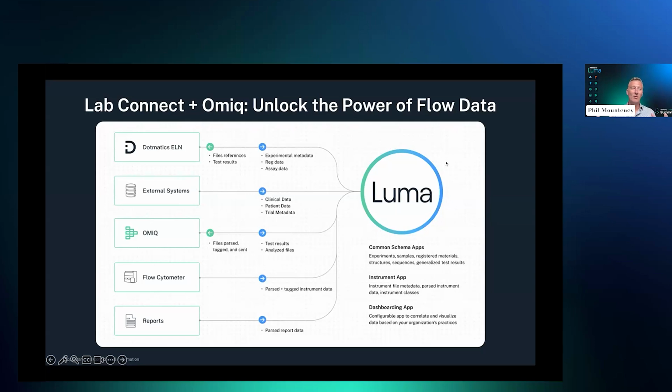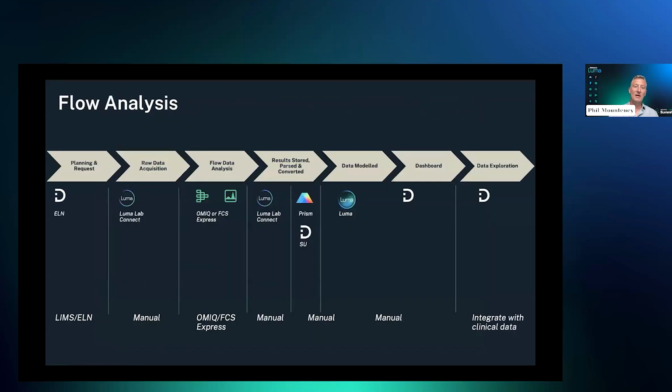And Luma's in the middle, always listening to all of this, gathering, analyzing, contextualizing that data so you can make sense of it. Now, you'll hear about some of this pain from Matthew later, but as we've spoken to our customers that do this sort of analysis, the vertical lines here represent, as we've spoken to people, breaks in these workflows or silos of data or manual steps that need to happen.